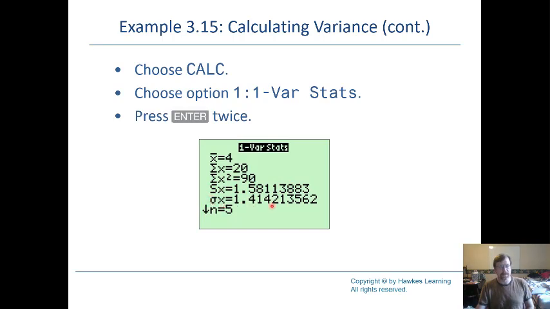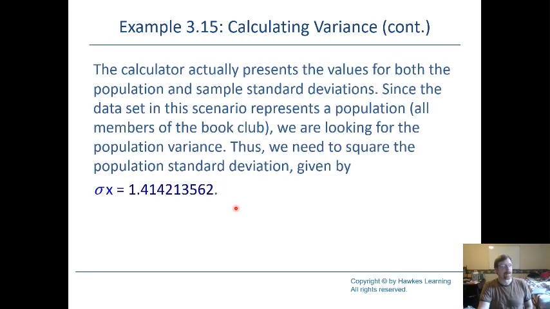This one assumes that the data you put in was the entire population, so it uses n as the divisor instead of n minus 1. And that's why it's a slightly smaller value. I should have realized that years ago. Okay. So to do this with your TI calculator, you look at the standard deviation and square it to get your final value.